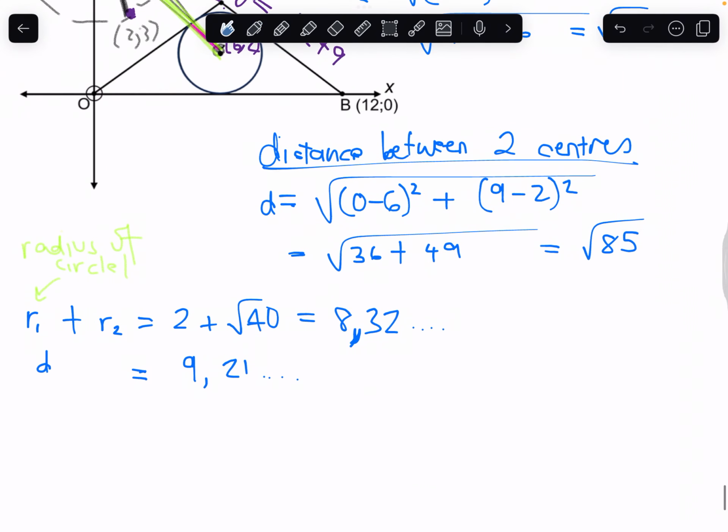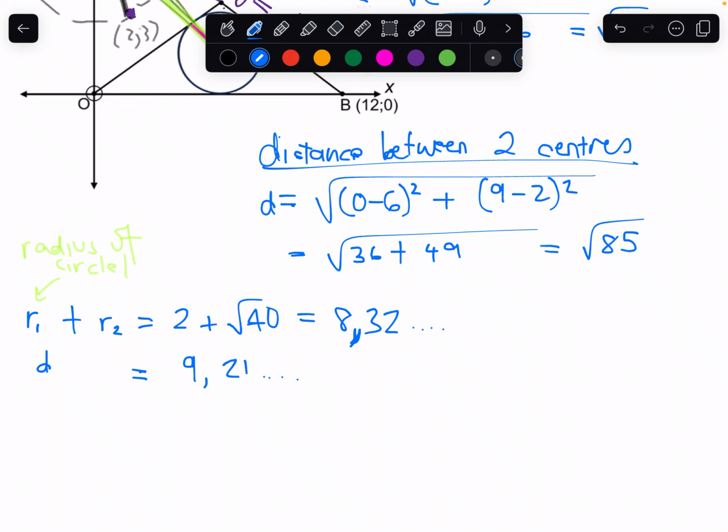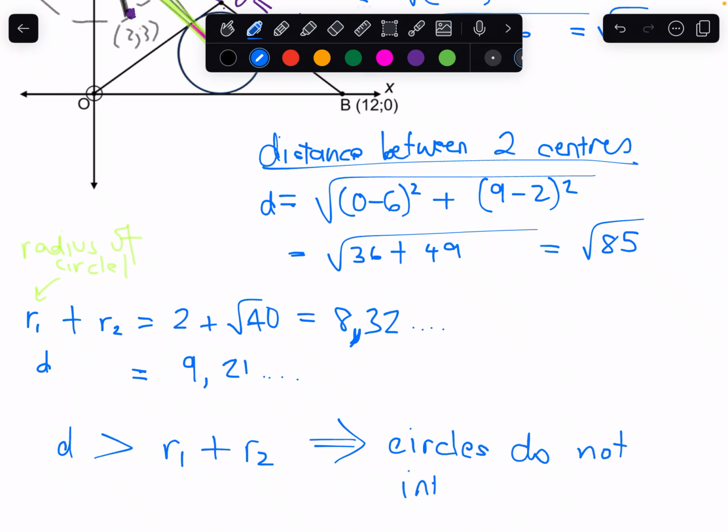So because the distance between the two centers is greater than the sum of the two radii, that means that the circles do not intersect.